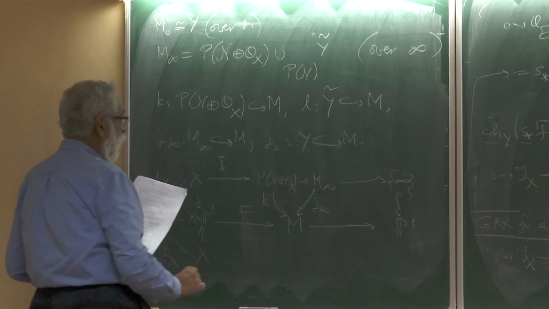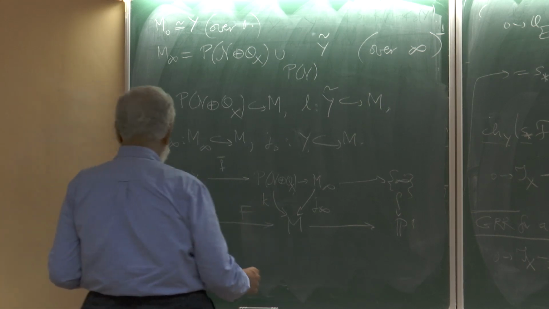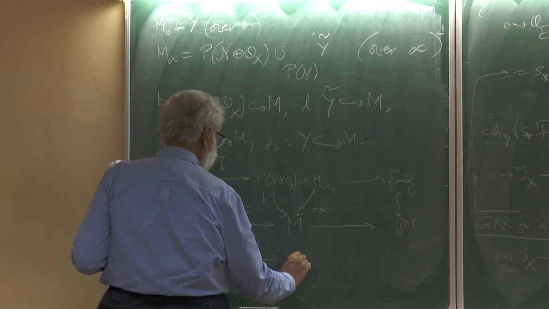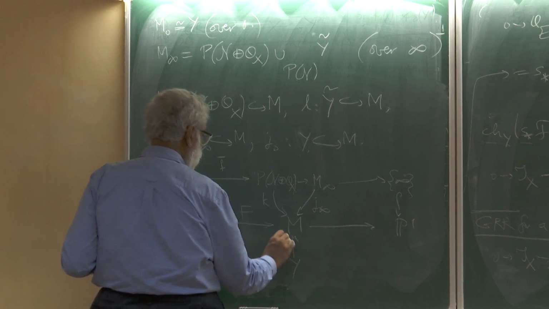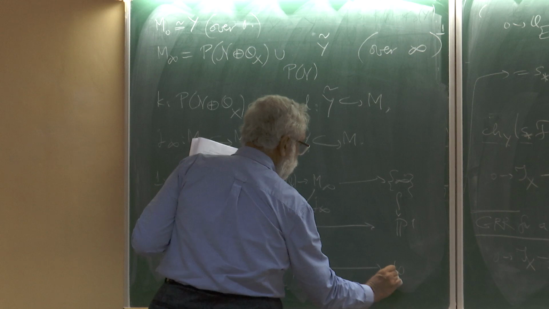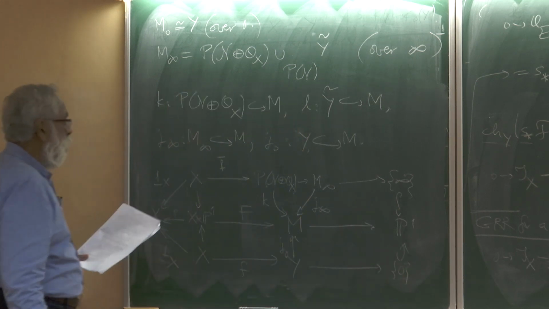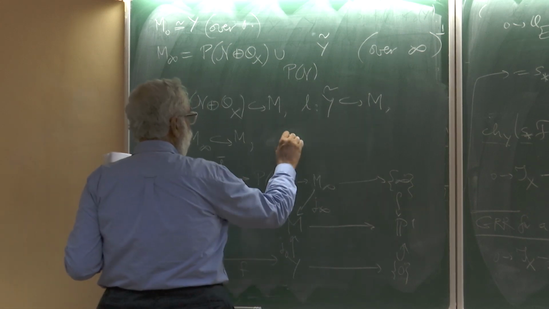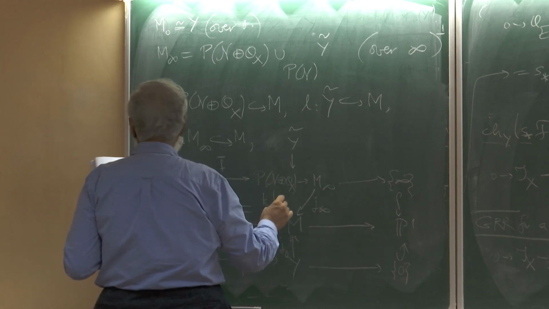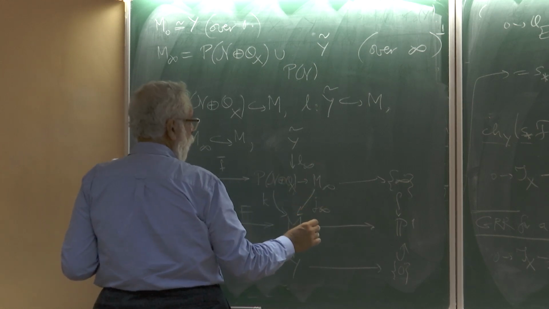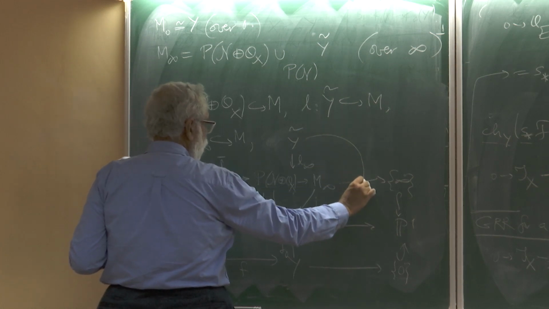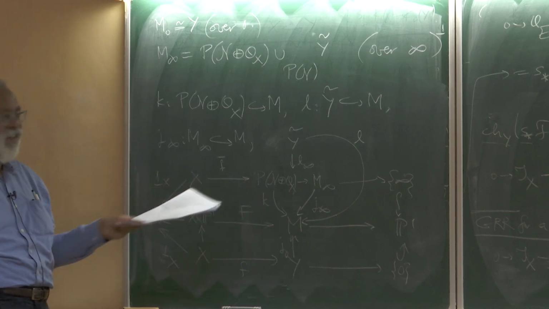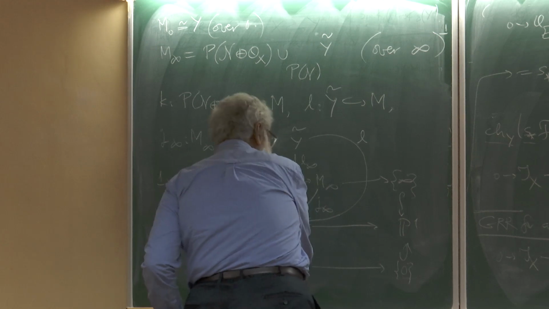This was K, I think. We have at least this and a little more. We also have Y tilde here. This map I'm calling L infinity, and I intended to put another map like this, which was supposed to be L, and I was unable to put that into my diagram. Just put it in pen.